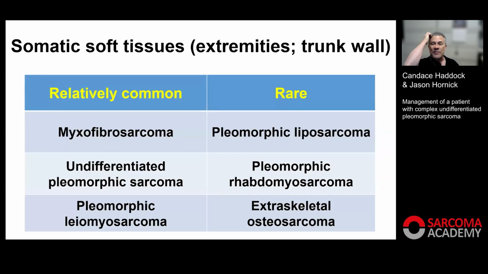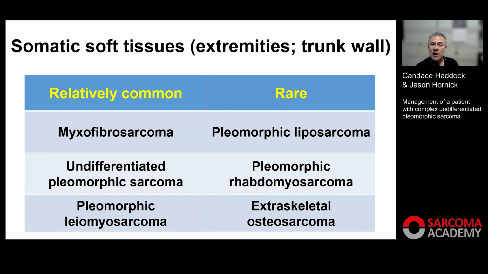So let's think about the two major compartments where we consider pleomorphic sarcomas. When we start off thinking about the extremities and trunk wall, we have a few that we encounter very often in our sarcoma practices. Those are myxofibrous sarcoma, which is the most common sarcoma of the elderly, undifferentiated pleomorphic sarcoma, and leiomyosarcoma, overall the most common sarcoma.